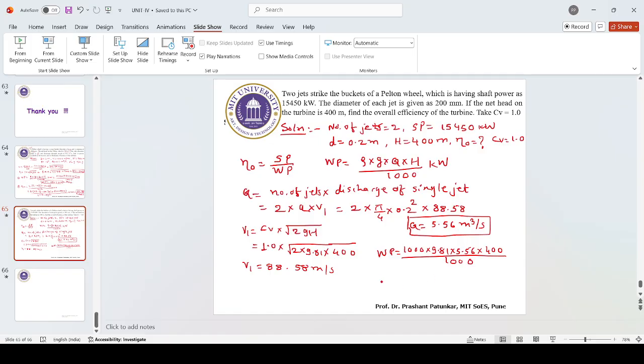So hence I will get the water power. After the calculation, this water power is obtained as 21,817.44 kilowatt. So that is the water power.